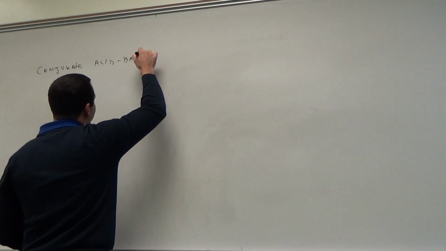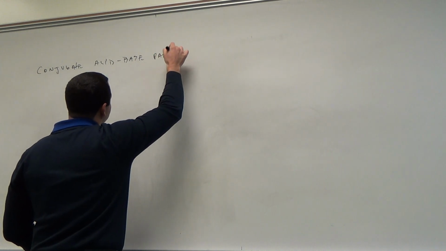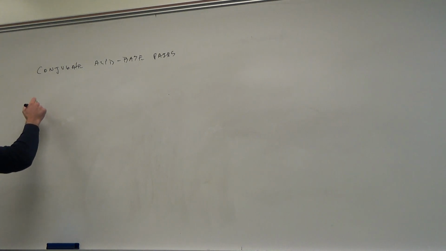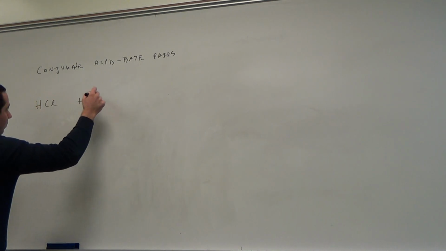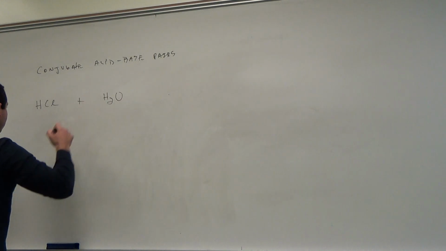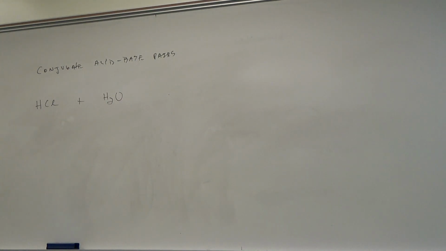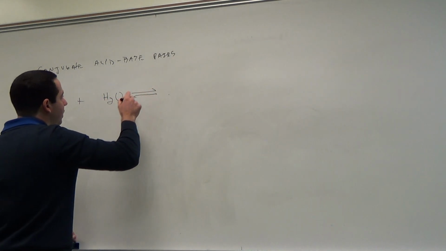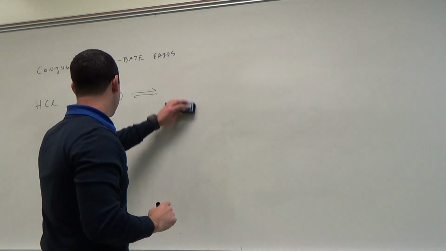Conjugate acid-base pair. HCl plus H2O is going to give you what? Hydronium and chloride. Let's say that this is an equilibrium, okay?